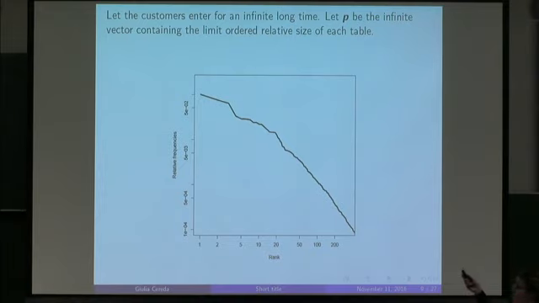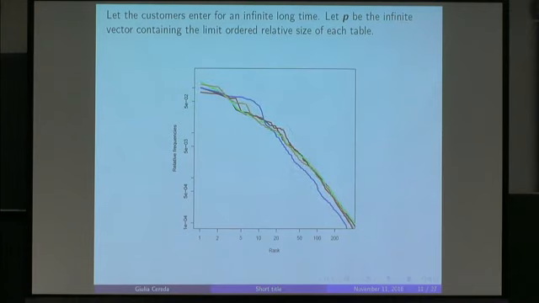But this is when you look at this process once. Then imagine that you want to look at it again. You will obtain something different, and so on. Every time you run this process, you get a different distribution of the customers into the tables. So this vector p that you observe at the end of the time has a distribution.